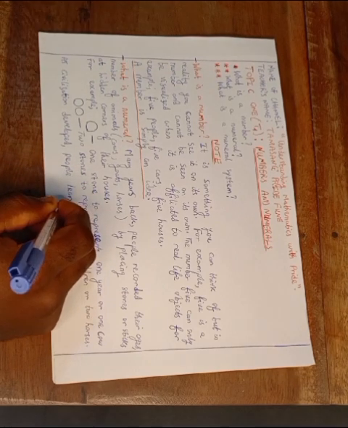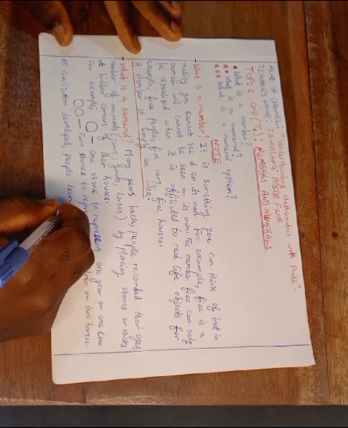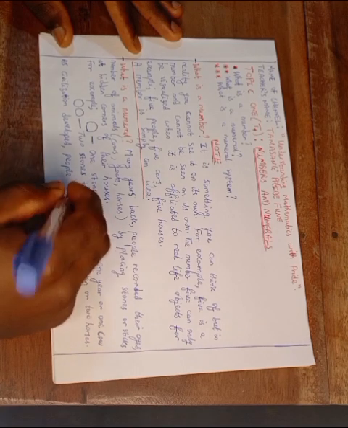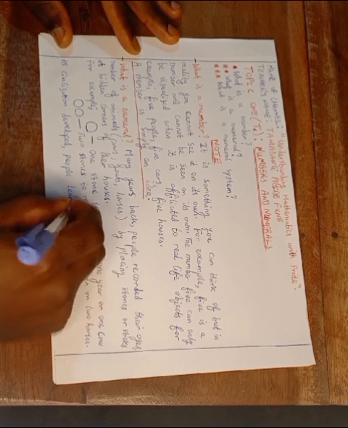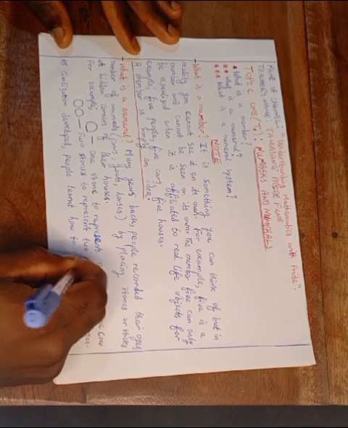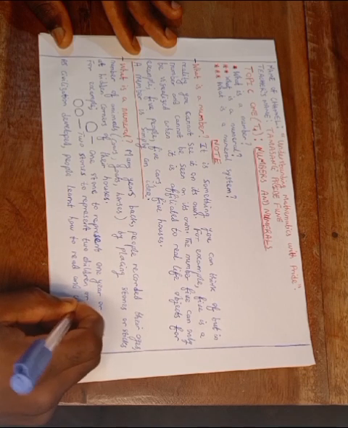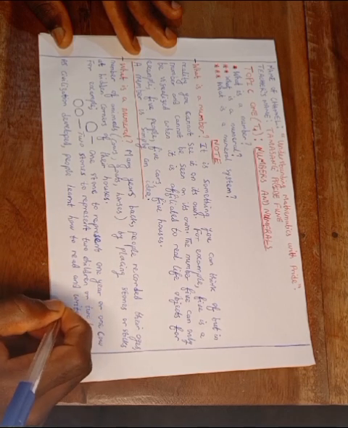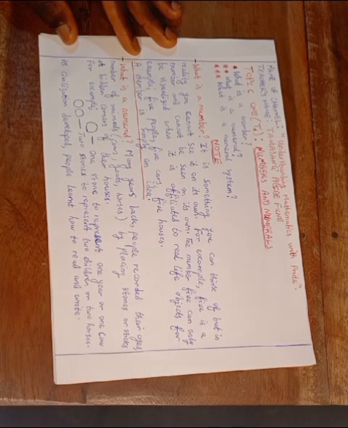For example, like in Egypt, when civilization started, with the invention of the Egyptian handwriting, the Egyptians had to develop their own numeral system, which they used in representing numbers. We are going to see that in future, the Egyptian numeral system. So next, let's continue.